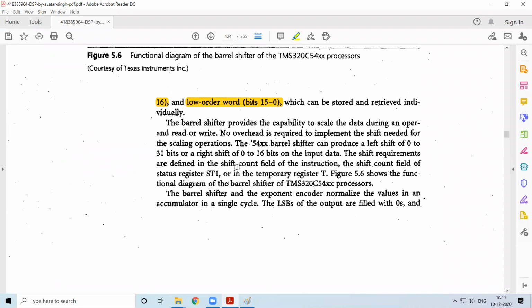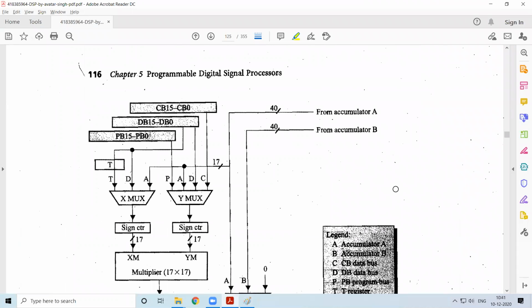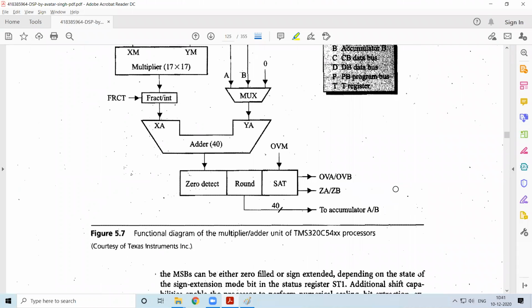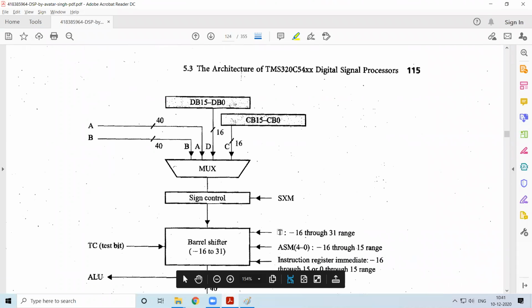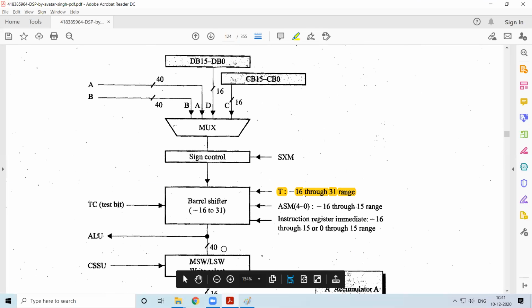Then apart from that you have the barrel shifter, which performs shifting over the 40 bits. But how that shifting is done depends on this. Here we have, this pertains to the barrel shifter. Still we are discussing the ALU.